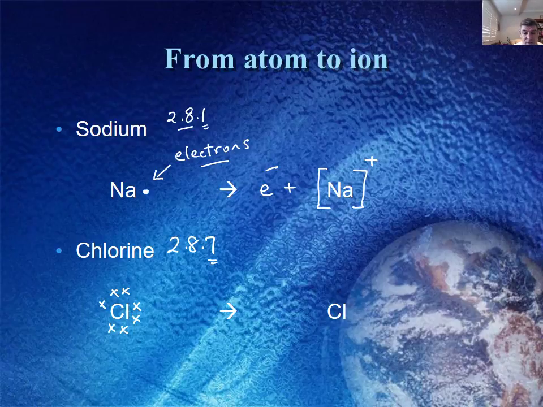Now the difference this time is the chlorine is actually going to gain an electron. It's going to get an electron coming in. The consequence of that is that it will have its original 7, and let's say it has 1 from that sodium, so I'm going to put an extra dot in there. The consequence of this, of course, is that this species is now an ion and it has a negative charge.